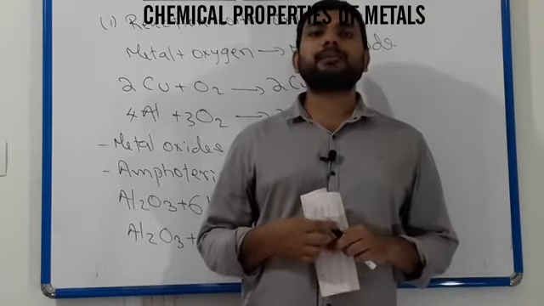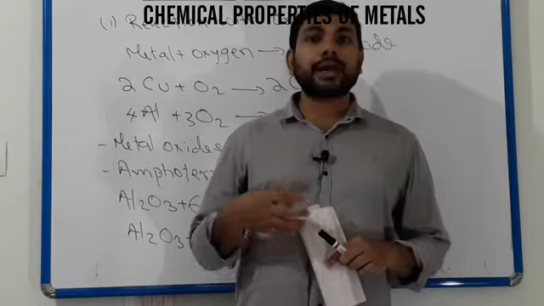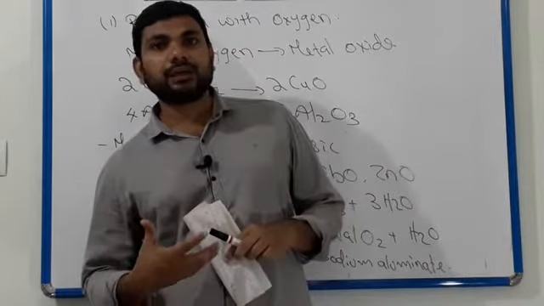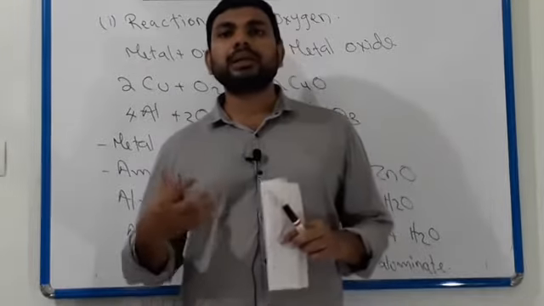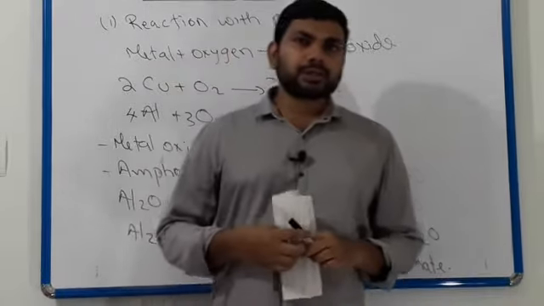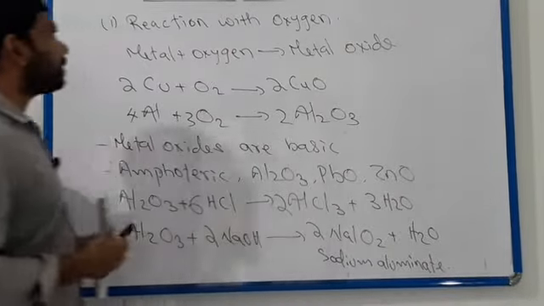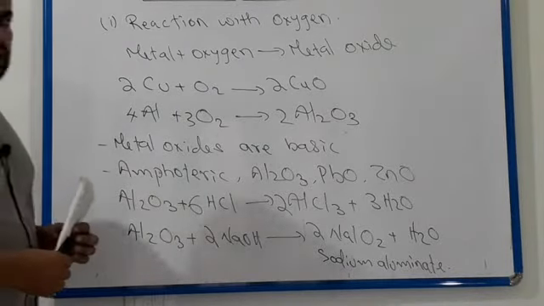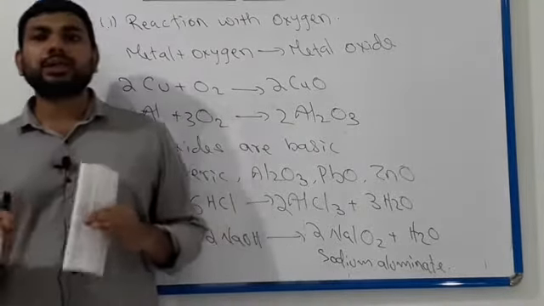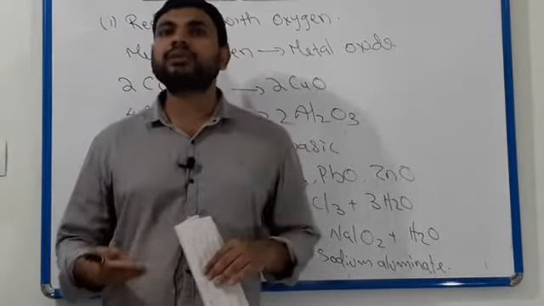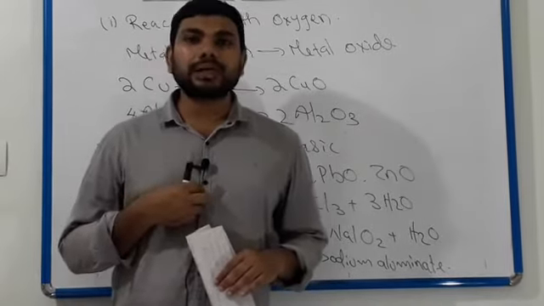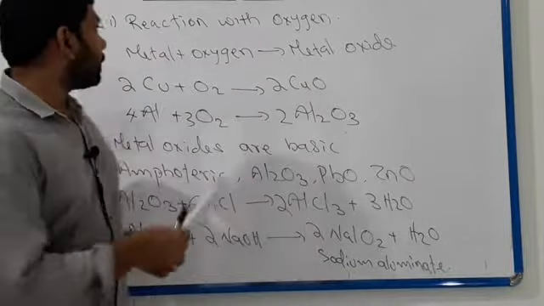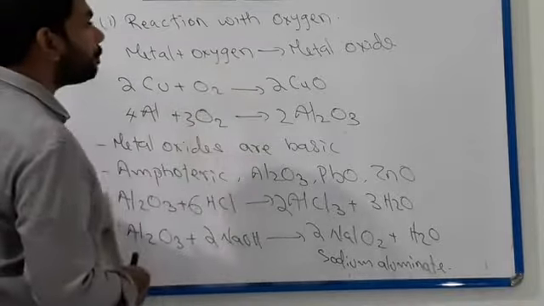So first, chemical properties of metals: reaction with oxygen. Metals react with oxygen. Reaction with oxygen means burning. Burning means something reacting with oxygen. Generally, metals after reacting with oxygen form metal oxide.